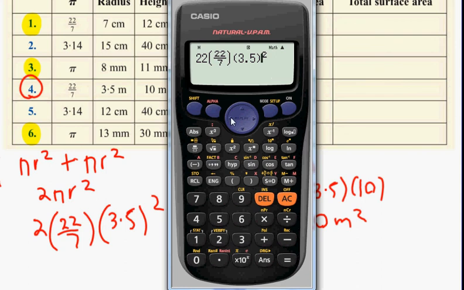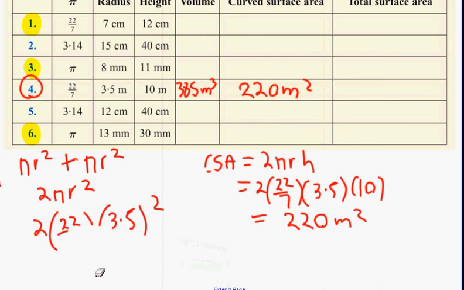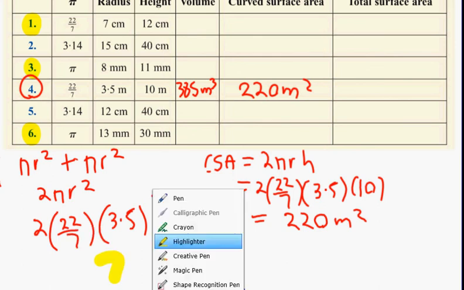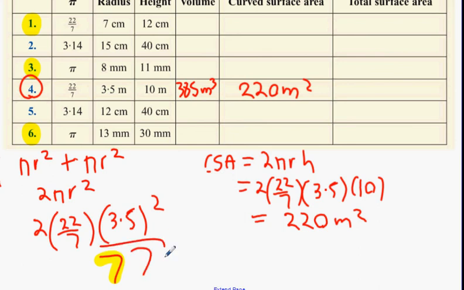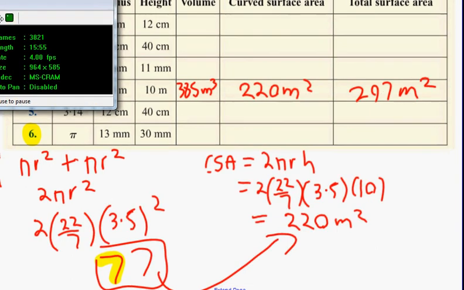Wait, that's a 2, not a 22. 77 is what that was worth. So it was my 77 added on to my 220 that turned it into 297 meters squared. Right? So that's done. Okay, guys.